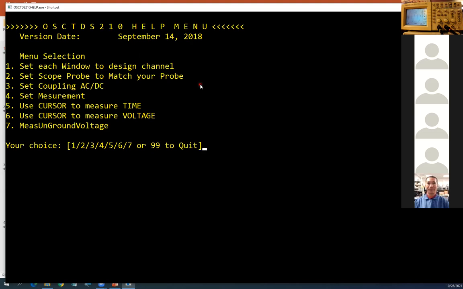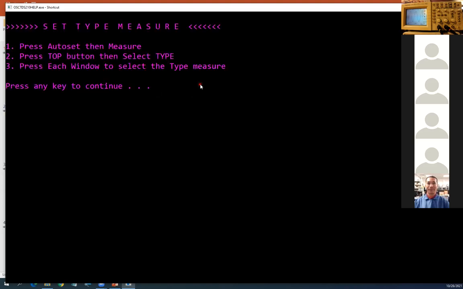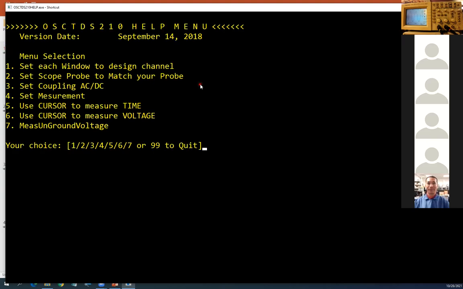Set the measurement. Okay. Number 4. That means on the window, which one you want to measure. First thing, press auto set, then measure. Number 2, press the top button, select the type, and then press each window to select what measure you want. Basically, they have everything. Using cursor to measure time, for example, number 5.